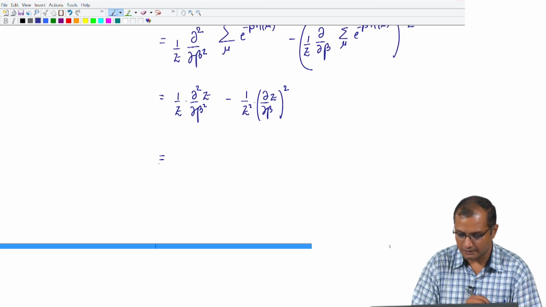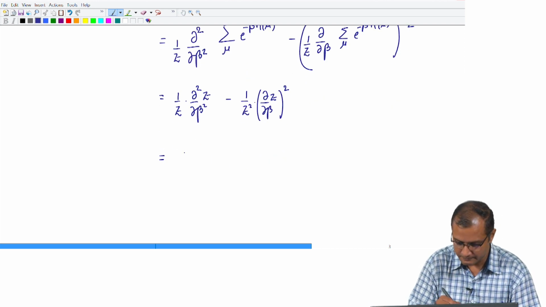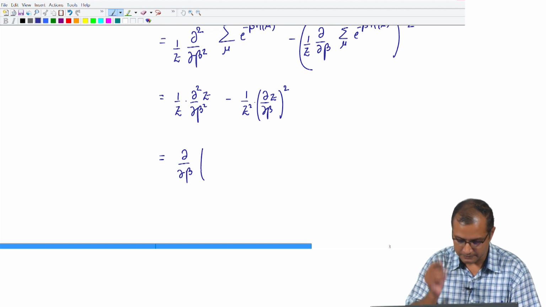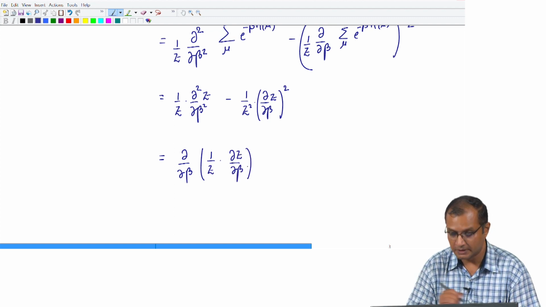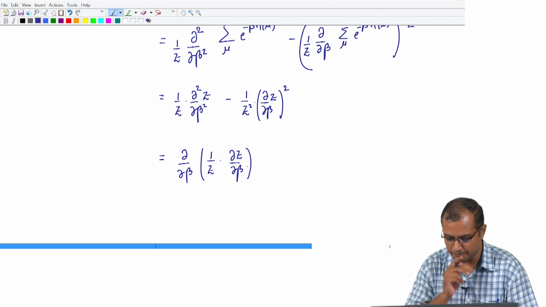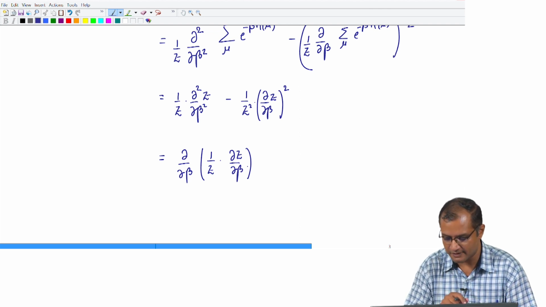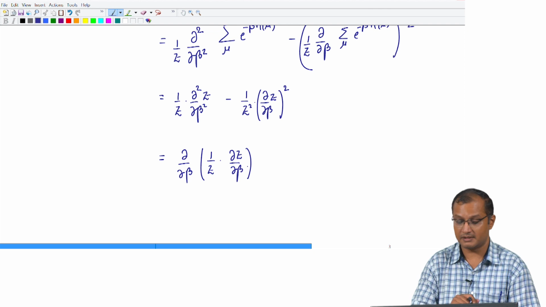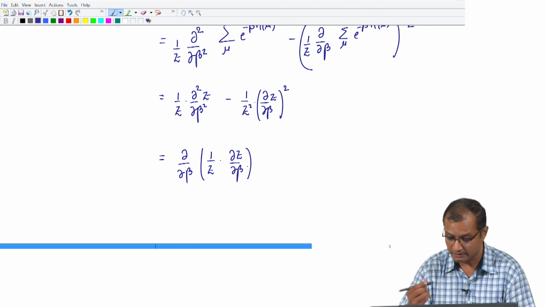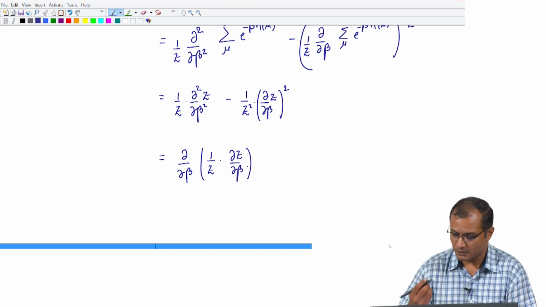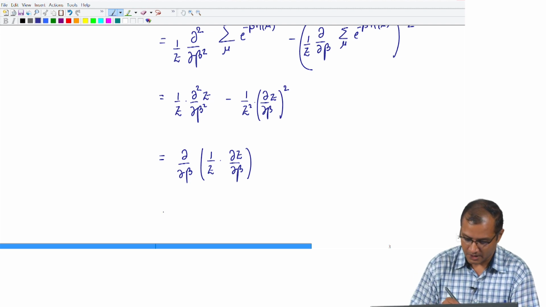So now you can write this as d by d beta of 1 upon Z dZ by d beta. So by chain rule it will give you the first term 1 upon Z d square Z by d beta square minus 1 upon Z square into dZ by d beta the whole square.